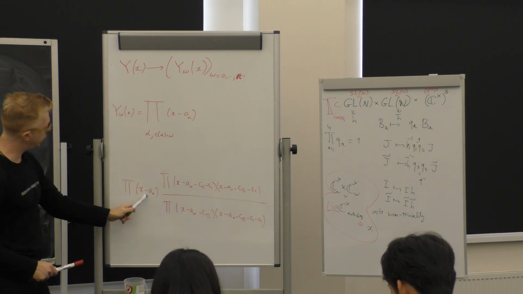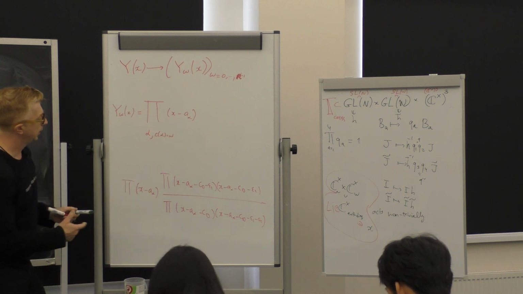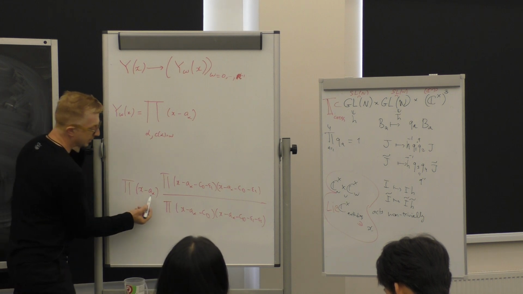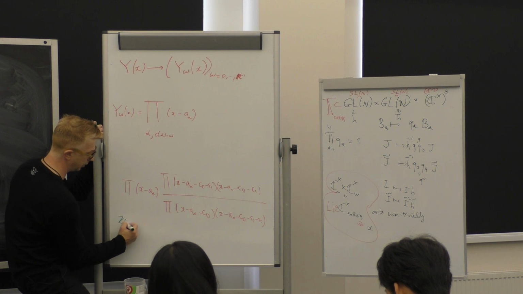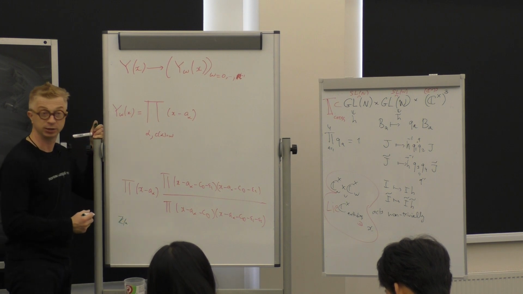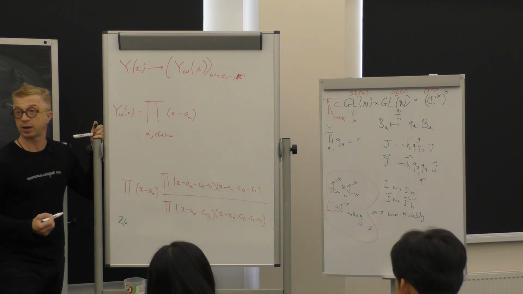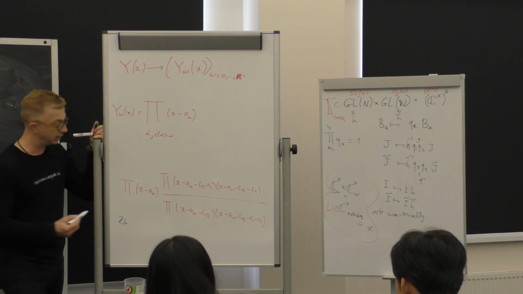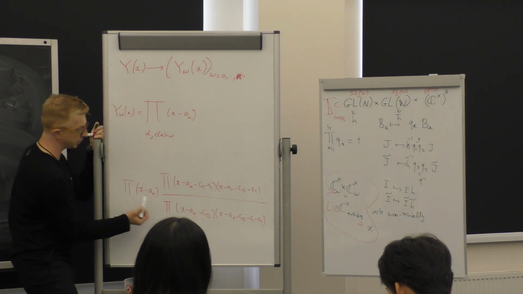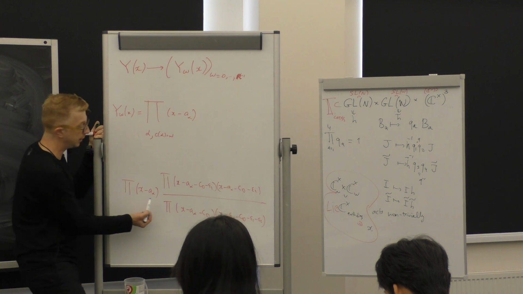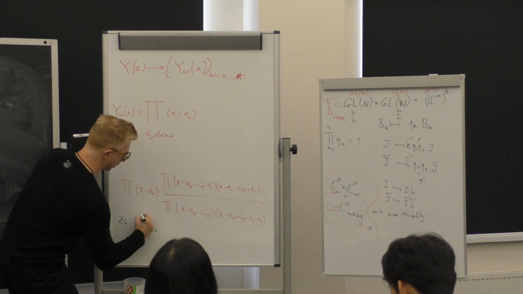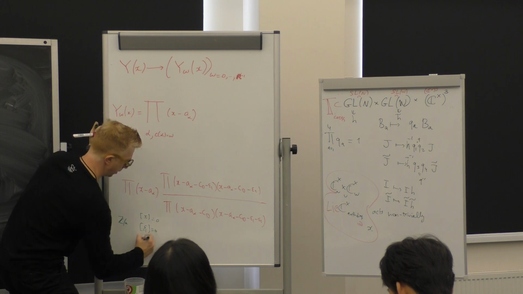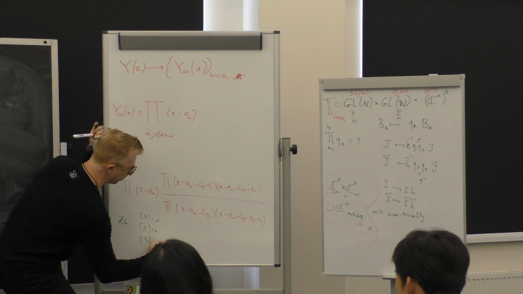So if you like, I assign to each letter in this formula a certain Z_n representation. The letter x will carry Z_n representation 0. a_alpha carries Z_n representation C alpha. Epsilon 1 carries representation 0. Epsilon 2 will carry representation 1.